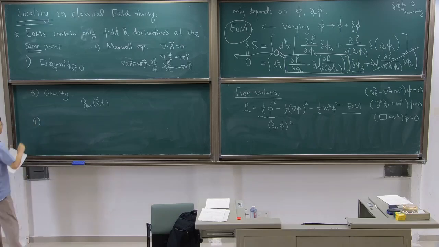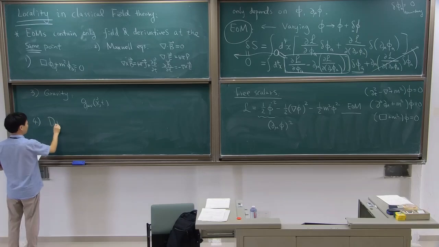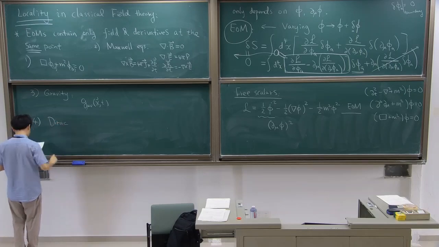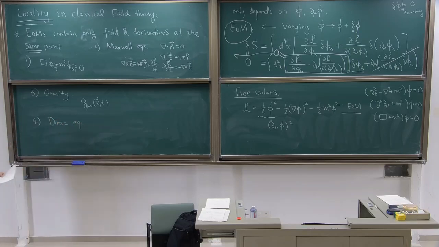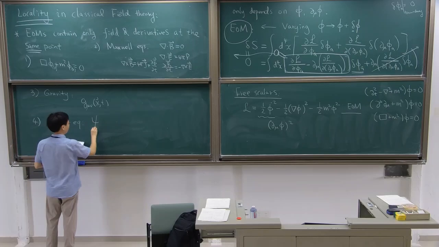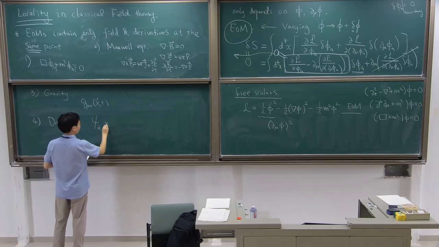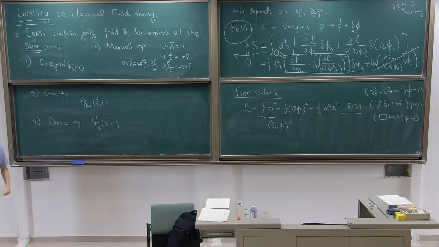Of course, in this course we are going to cover another very important equation, the Dirac equation. This is about a new object that we will introduce after a few weeks, called the spinor. A spinor is also a very fine field, and the Dirac equation associated with it is also local.